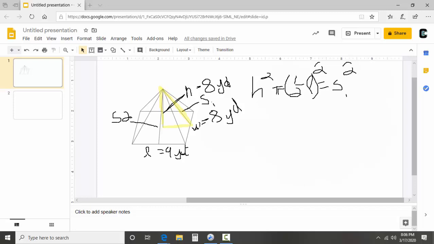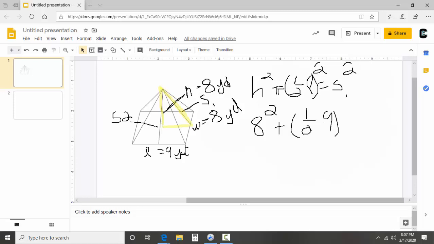So I'm actually going to do an example here of what this looks like. I'm going to go through with the specific numbers here because I know some of you might be thinking, what does this look like? Well, we know the height is 8, right? And we know the length is 9. So it's actually half of 9.